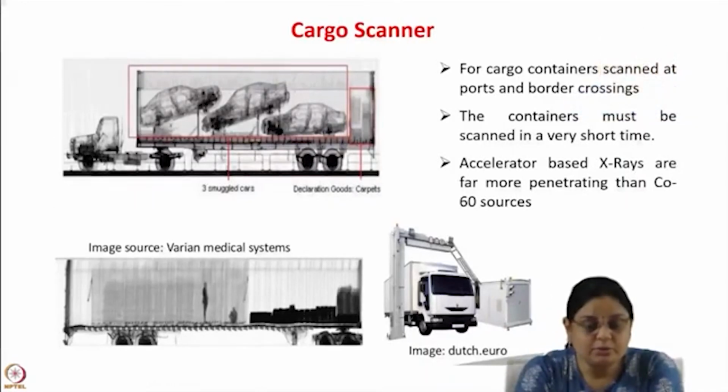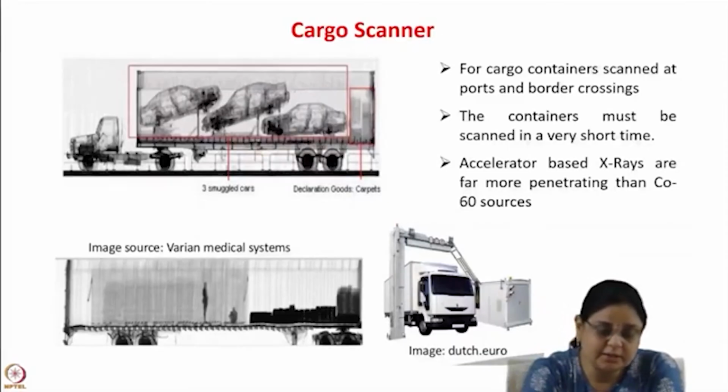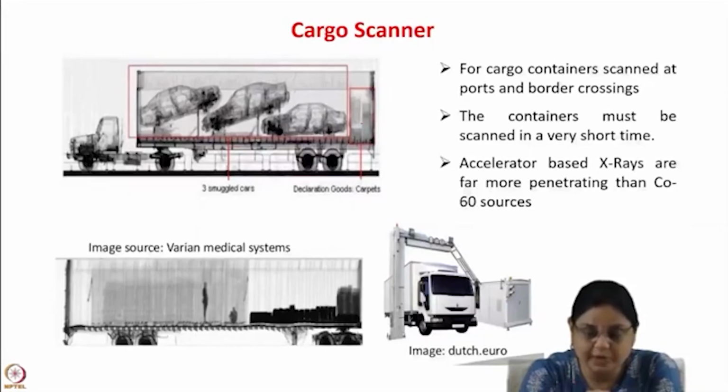Then they are also used as cargo scanners. These cargo containers are huge in size, and if they had to be inspected manually, it would take a large amount of time. So they have to be scanned in a very short time, typically about a minute.